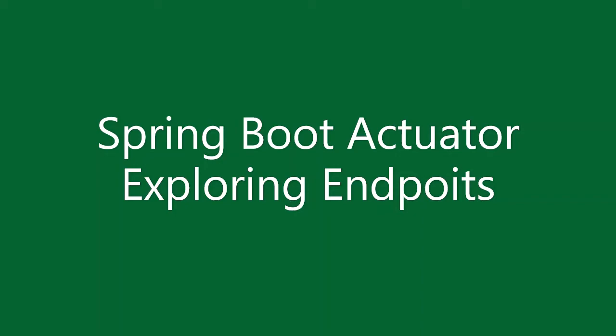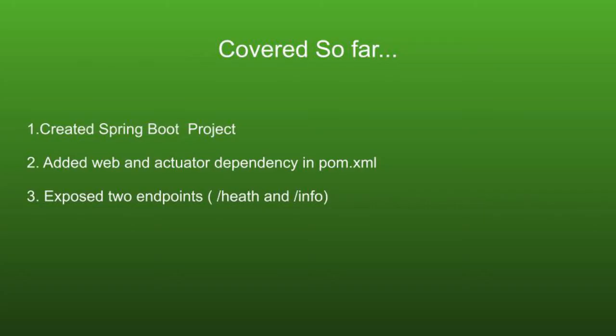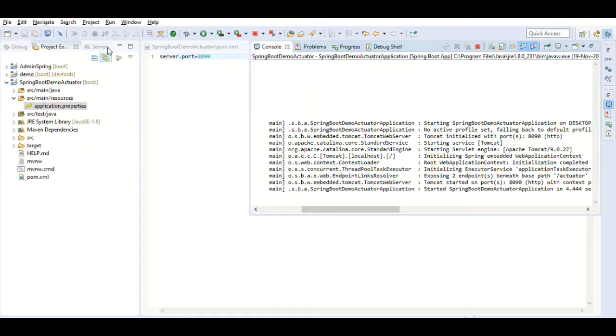So in this video, we will explore the endpoints provided by Spring Boot. In the last video, we started the server and it exposed these two endpoints under the path /actuator.